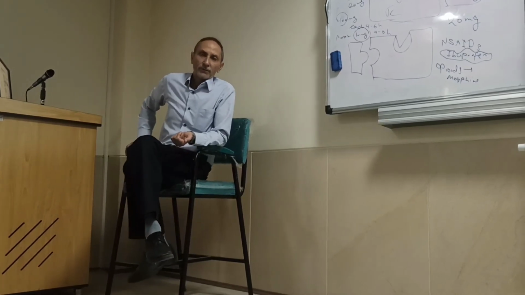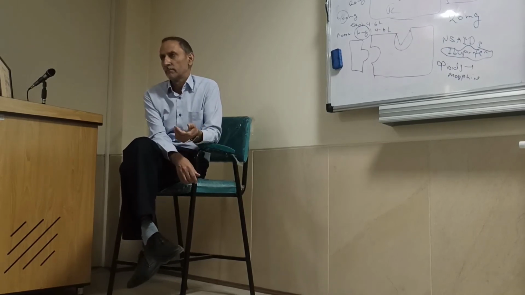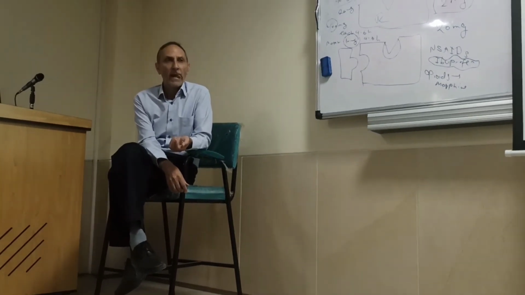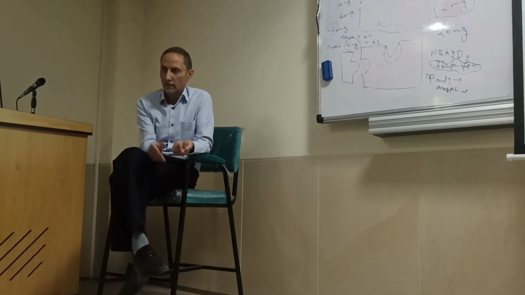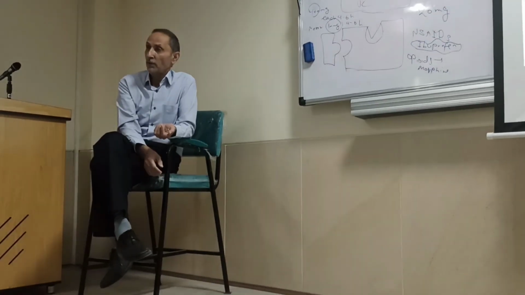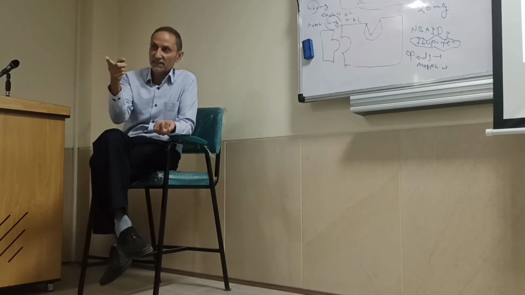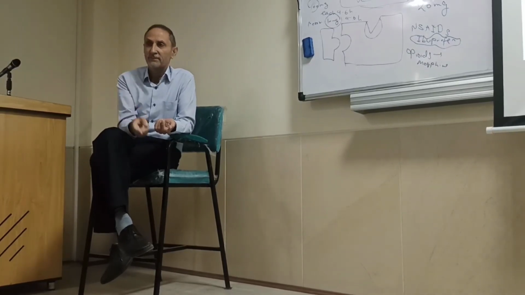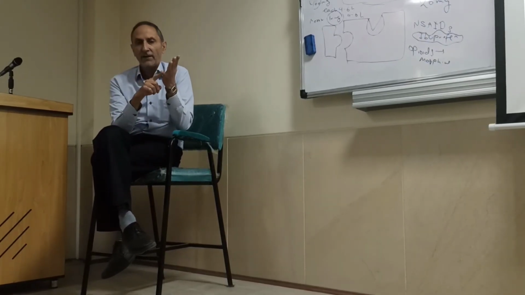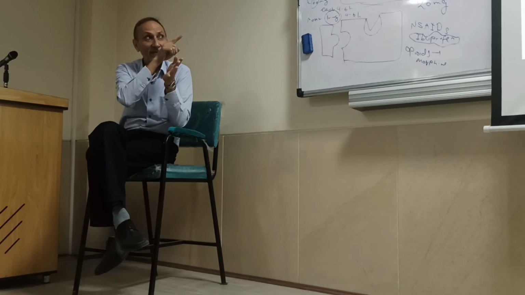For calcitriol, what are the actions of calcitriol? Increasing absorption of calcium in the intestine. Also, increasing the absorption of calcium in the kidneys. Okay? What happens with calcitriol? Calcitriol again has the same mechanism.